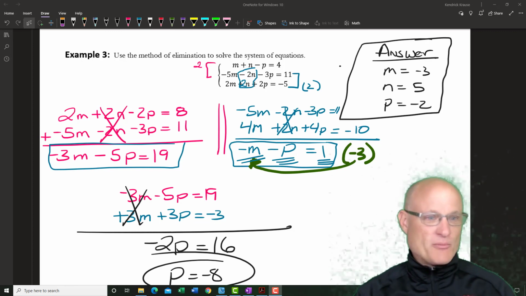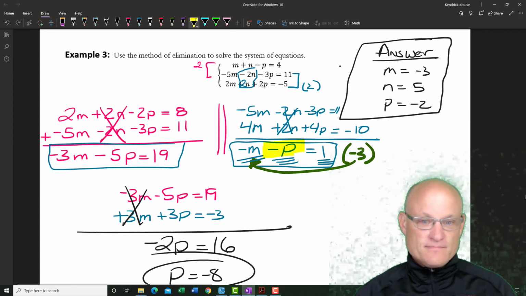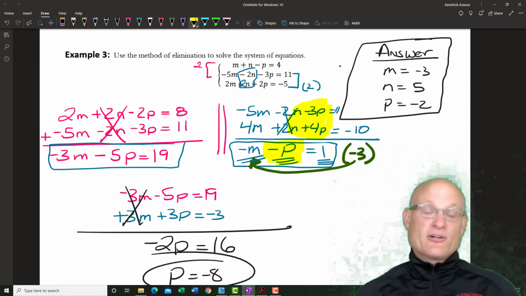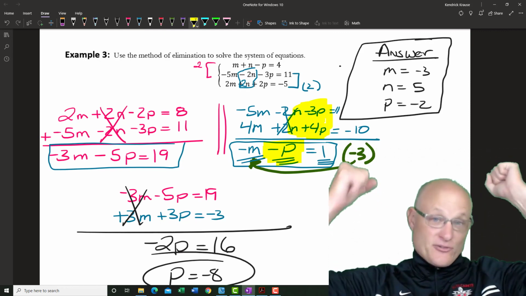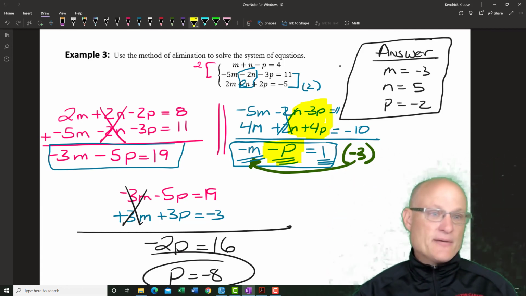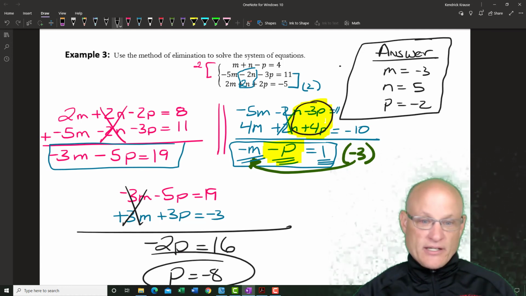I don't know what was wrong with my first one. Anybody find it? It's right here. Now, if you were screaming at the top of your lungs, no, Mr. Krause, you made a mistake. So what's the problem is negative 3 plus 4 is positive p.